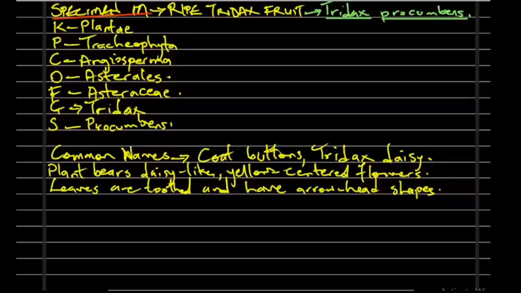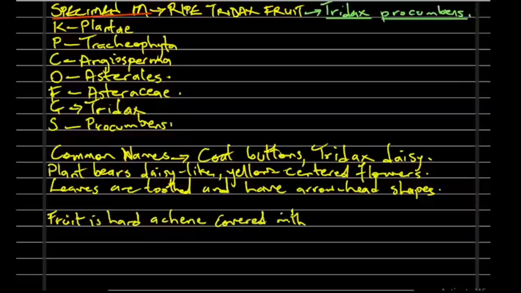Now, the fruit is a hard achene. So the fruit is hard. The fruit is hard achene and it is covered with stiff hairs. Let me write that here. Fruit is hard achene, covered with stiff hairs, and it happens to be feathery.